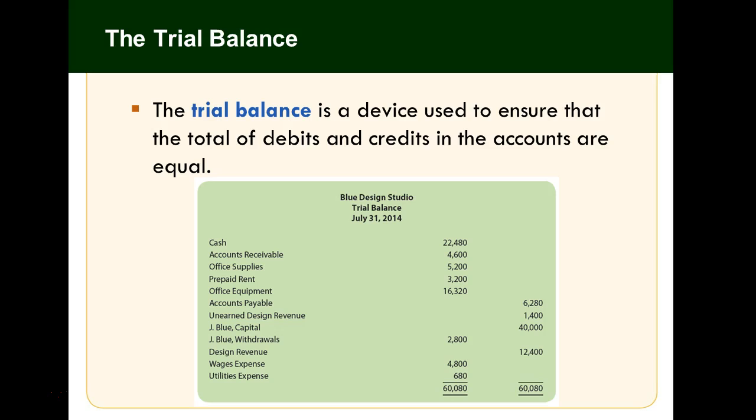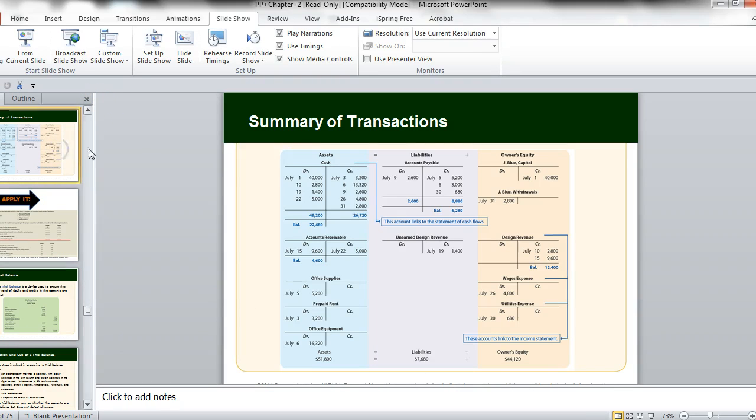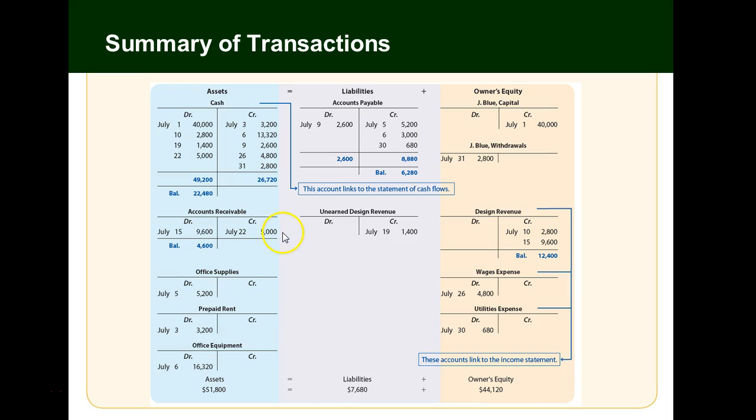Now, guys, what we did is if we go back and take these accounts, do you see how we have cash? A debit of $22,480. Do you see we have accounts receivable, a debit of $4,600? We have office supplies, a debit of $5,200. Prepaid rent, a debit of $3,200. Office equipment, a debit of $16,320.